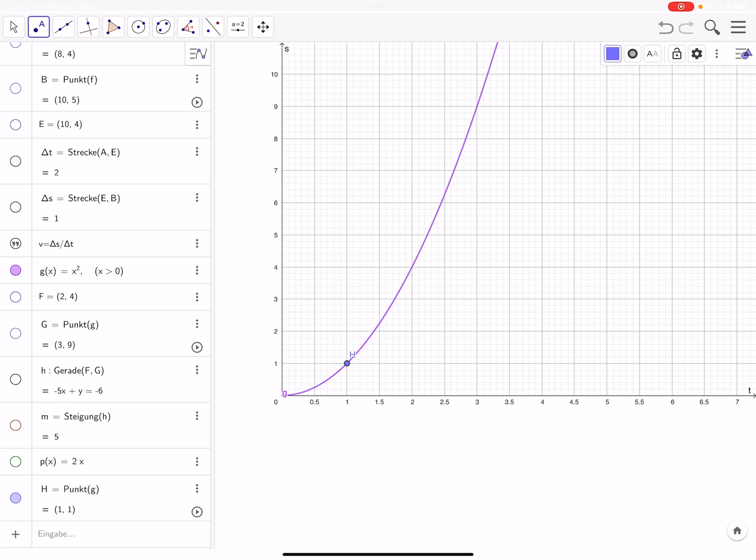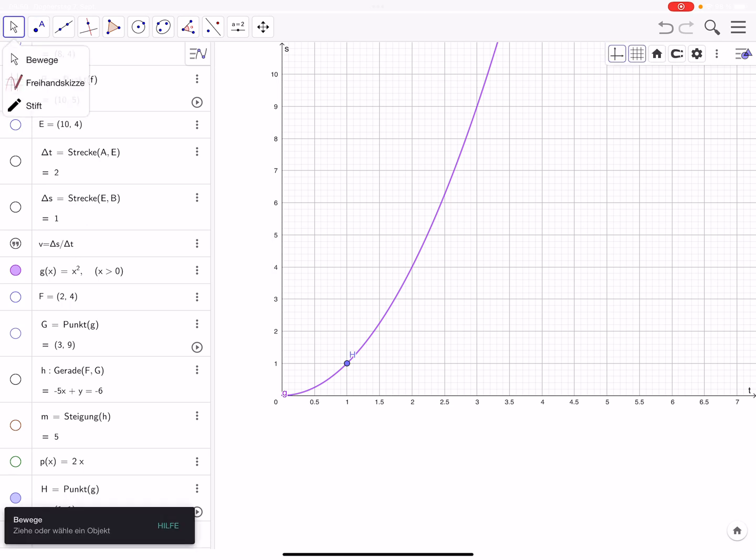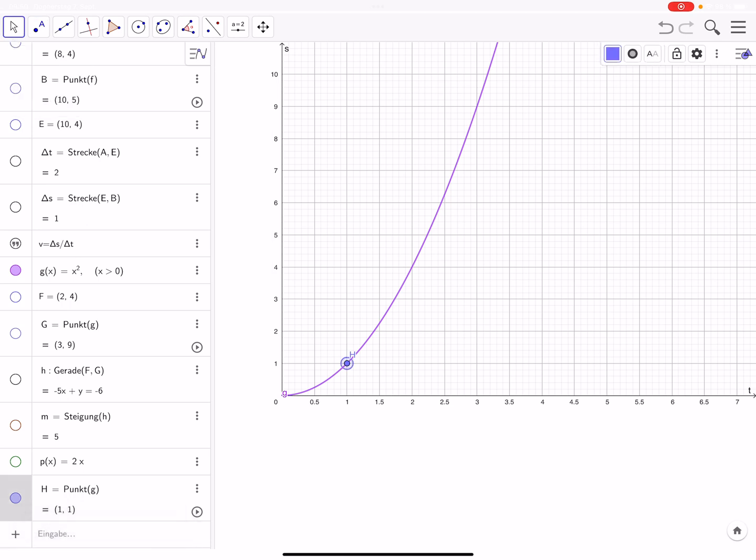Yeah, and if we go a bit further, in the next second, we already have a distance of 4. So the difference between the first and the second would be 3.